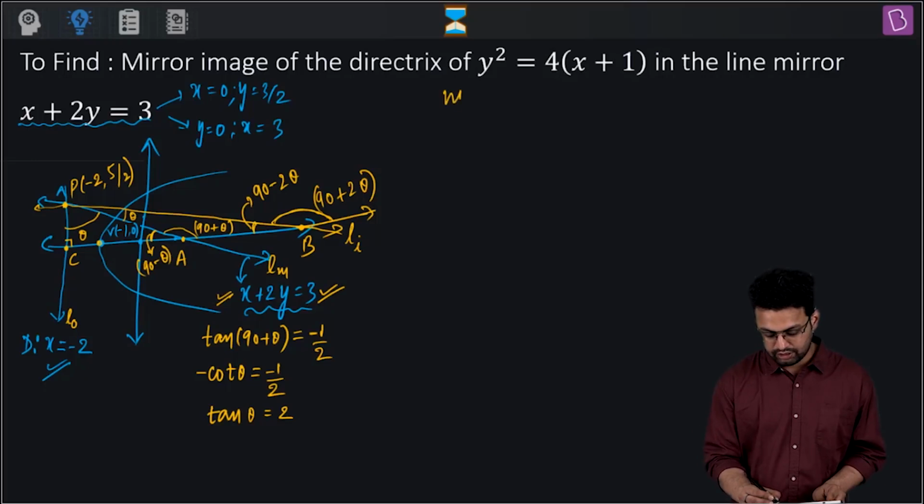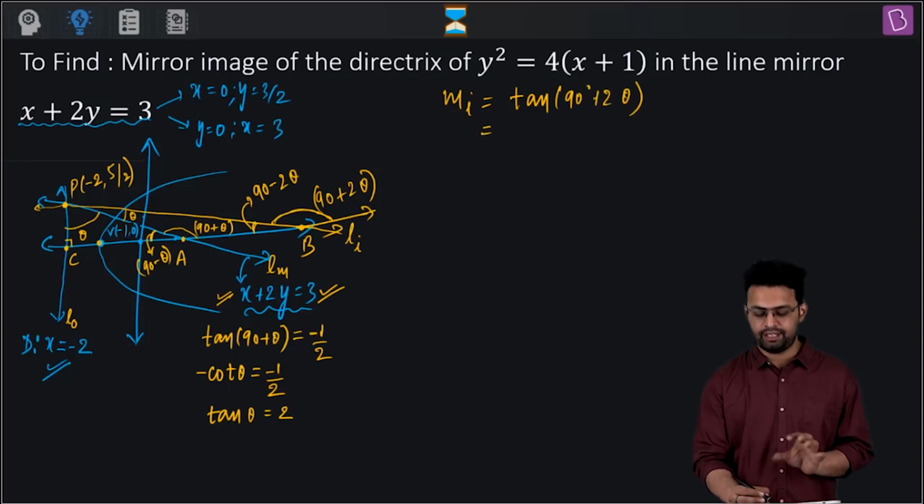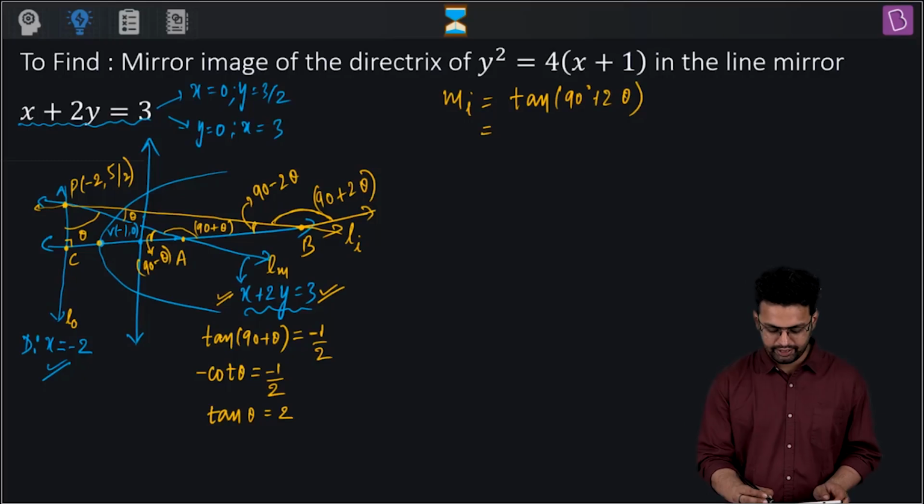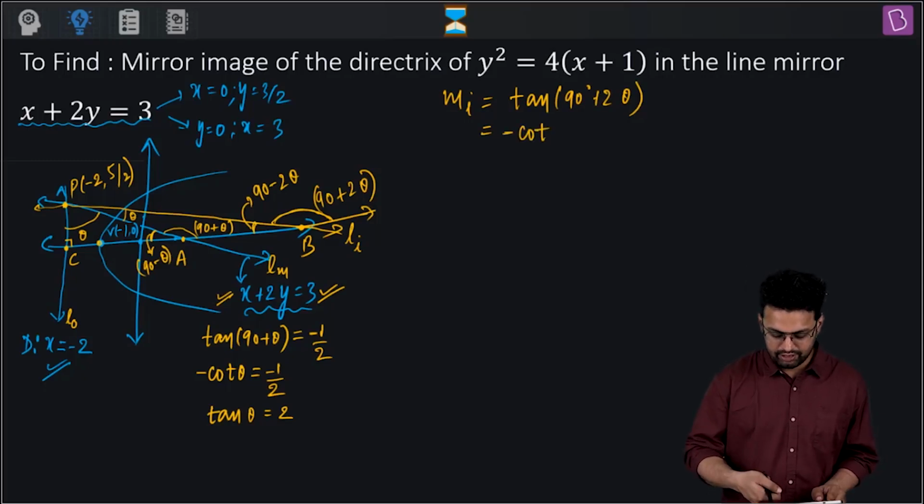So what is the slope of the image line going to be? It is going to be tan of 90 degrees plus 2 theta. What will it become? It will become minus cot 2 theta, not theta.